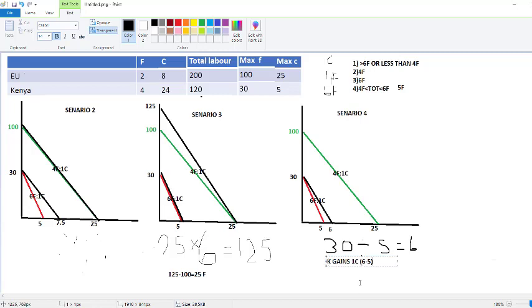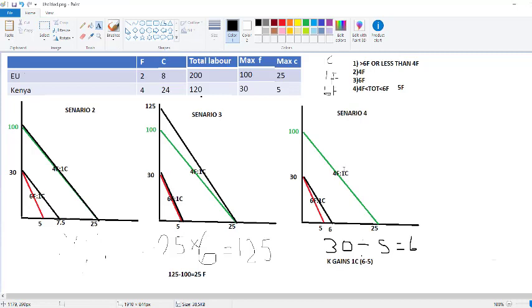So now we're going to do a discussion in terms of the EU. The EU, initially under autarky, would produce 1 carbon at 4 food. That was their terms of trade. That is also their pricing in their country because it couldn't be anything else. What has happened to the terms of trade now?